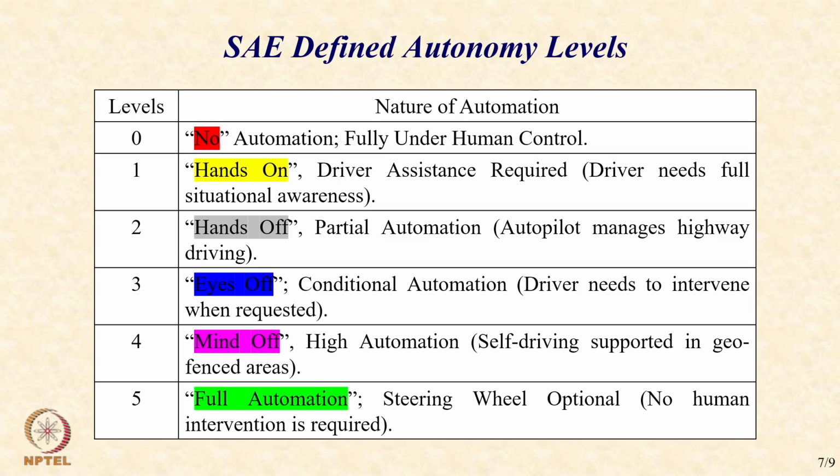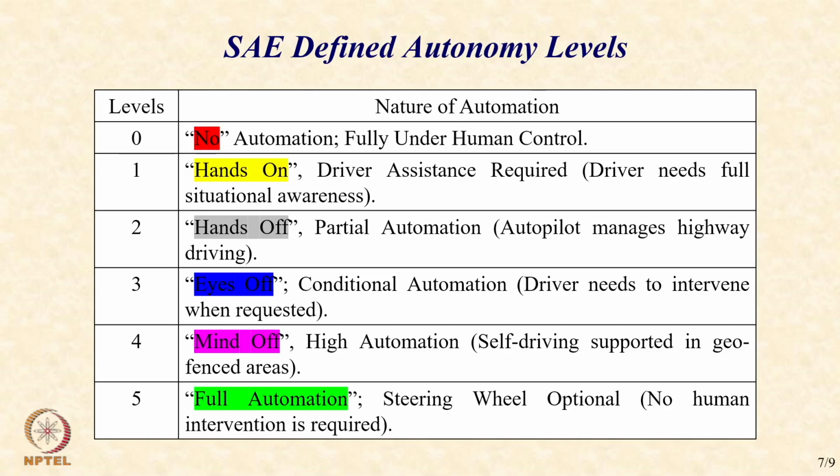The next is what is called hands off, the level 2, where it is possible for the driver to remove his or her hands from the steering wheel. It is no longer necessary, steering wheel or the gear, and this primarily comes in the context where the autopilot takes over the highway driving, where it is very straightforward, straight road, no signals, no turns, all the vehicles moving at the same speed.